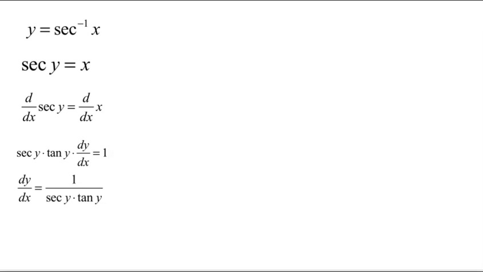Now, what are sec y and tangent y? To find that, I'm going to draw a triangle. But what do I know? Sec y is x, but I'd rather work with the reciprocal. So if sec y is x, that means 1 over cos y is x. We'll take the reciprocal of both sides. That means cosine of y would be 1 over x.